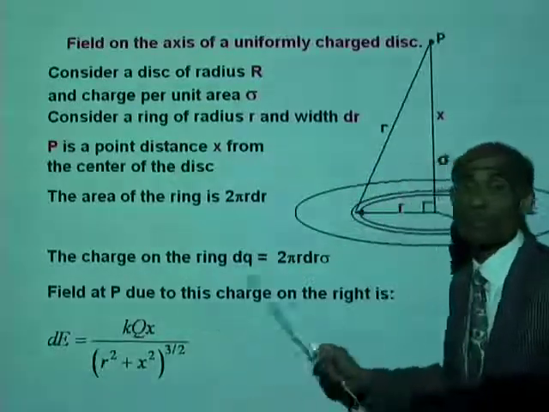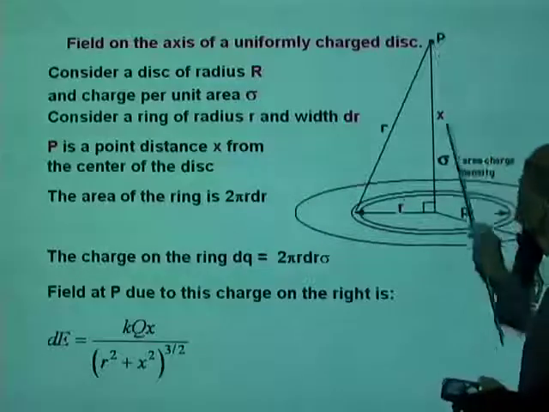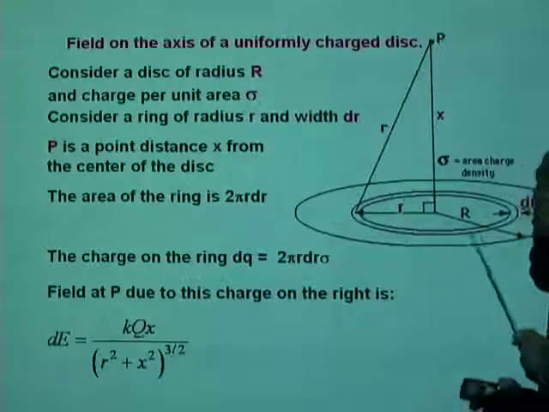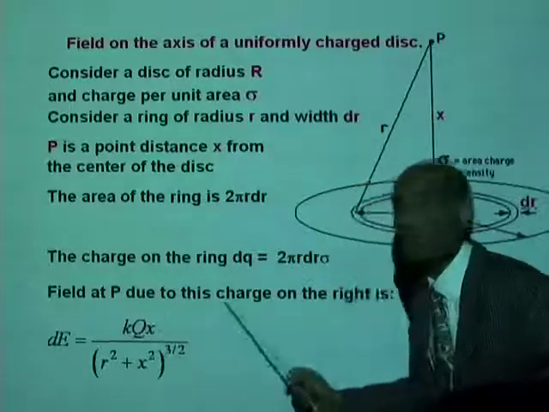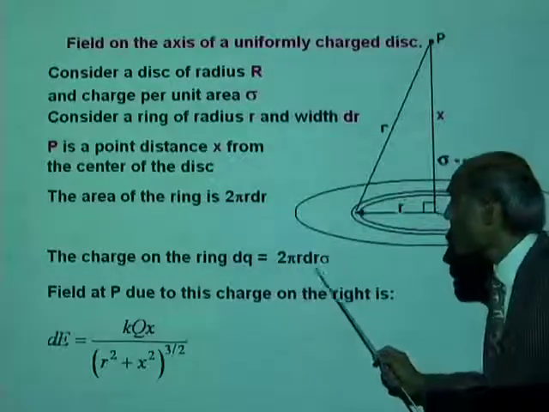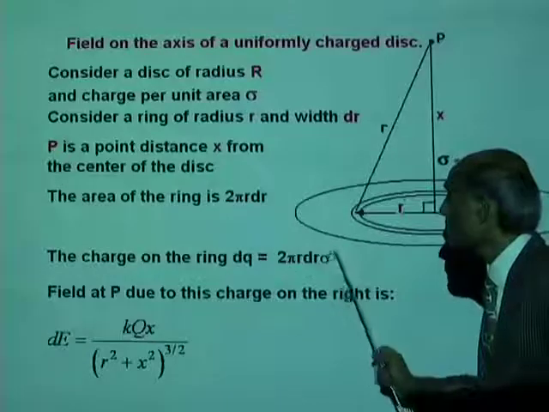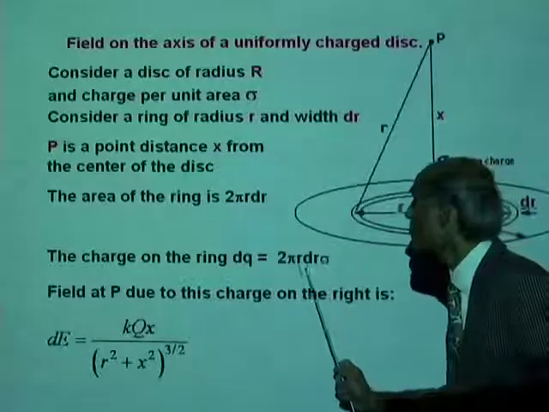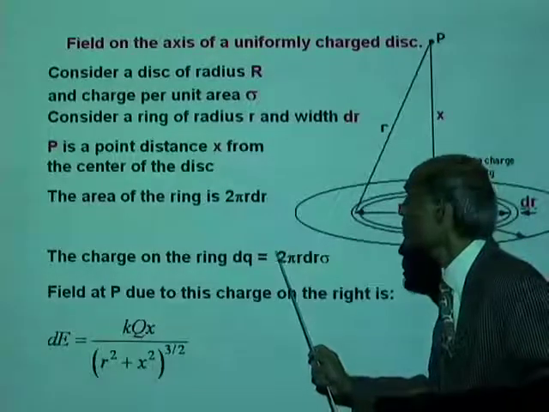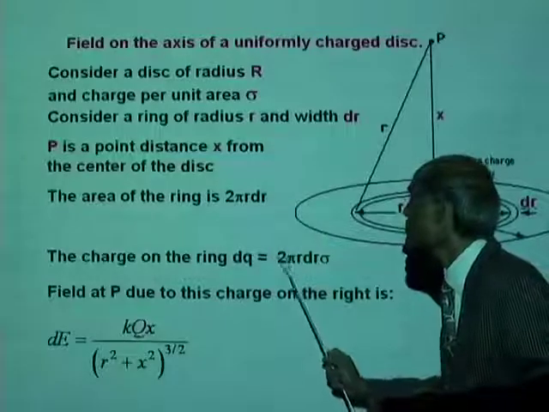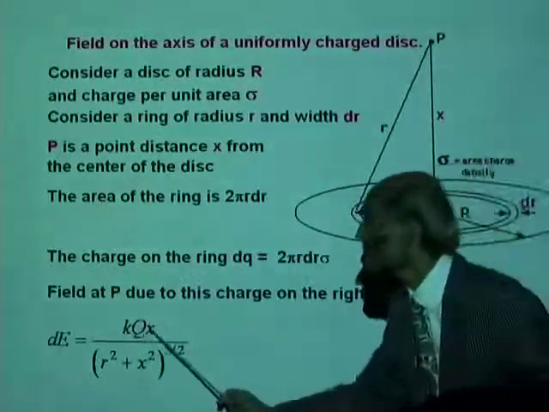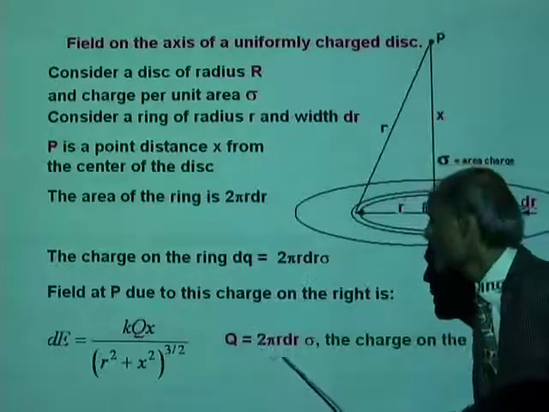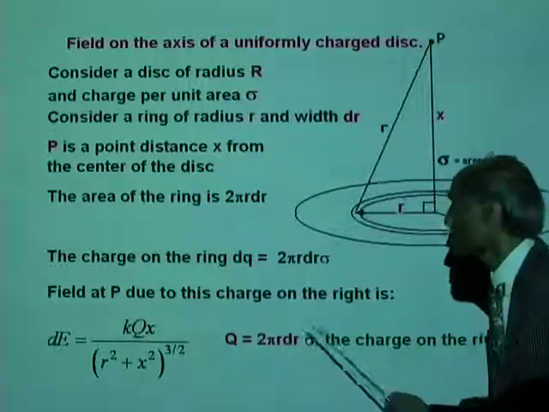This is the formula for the field at P due to a ring charge. And this q we are going to replace by 2 pi r dr sigma, or I will bring this sigma over to here. I will call it 2 pi r sigma dr. So I'm going to replace that q by 2 pi r dr sigma.